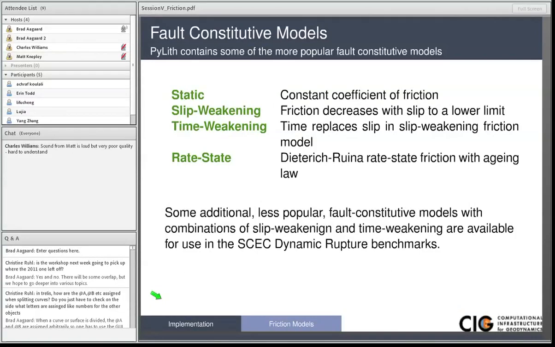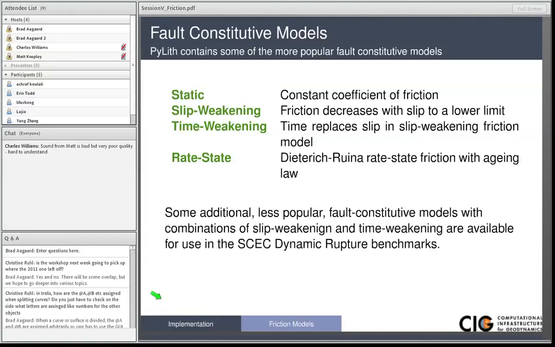We have time weakening, which is used in some dynamic simulations when you really want to control how fast that slip weakening occurs. You basically replace the slip with a time dependence. So the friction decreases from the static value to the dynamic value as sliding occurs over some time duration.